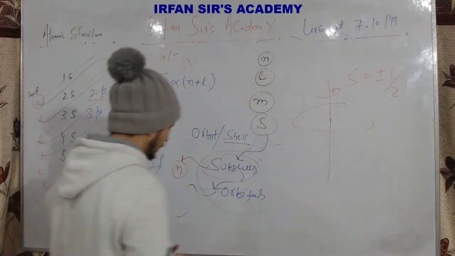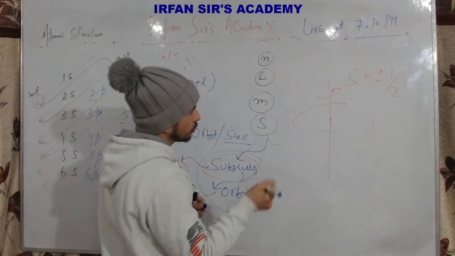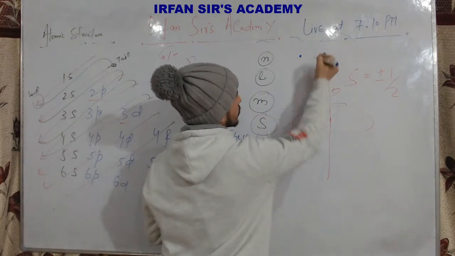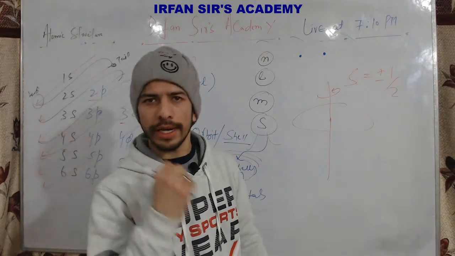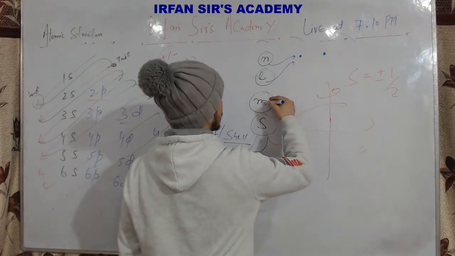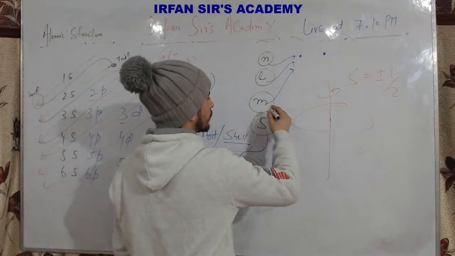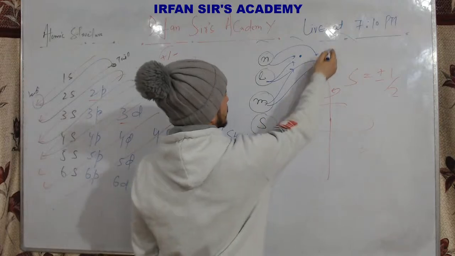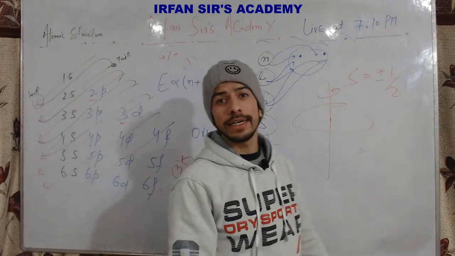It means if you have 2 electrons, this first electron and this second electron, the value of n can be the same, L can be the same, M can be the same. But the value of S is totally different. Why?